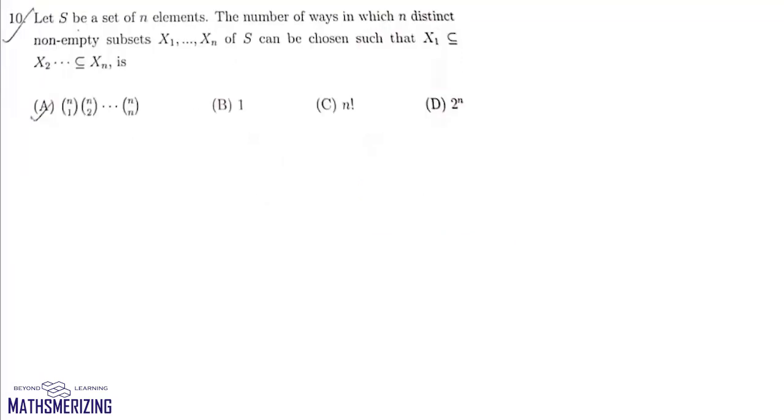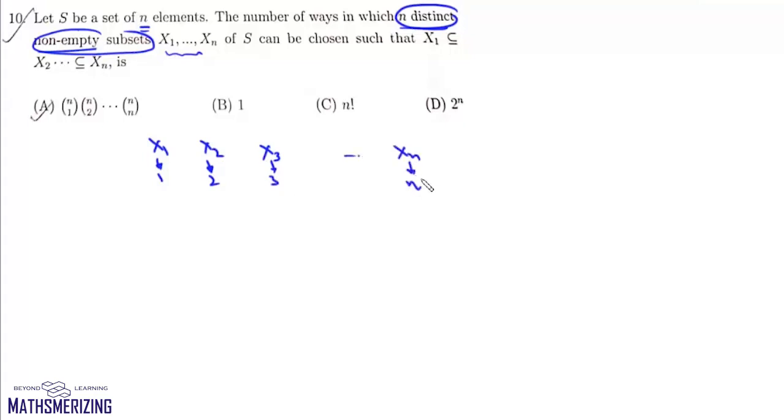Now question number 10 is, we are given S, which is a set of n elements, and we need to find the number of ways in which n distinct non-empty subsets x1, x2 up to xn can be chosen such that x1 is a subset of x2 and it goes on up to xn. Now since we need n distinct non-empty subsets, it is possible if and only if x1 has one element, x2 has two elements, x3 has three elements, and xn has all the n elements.